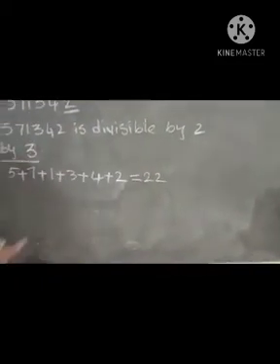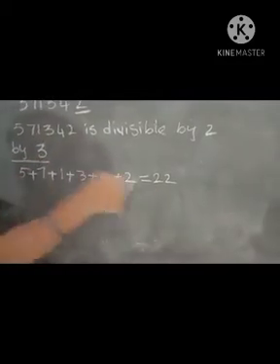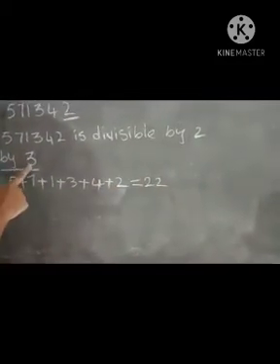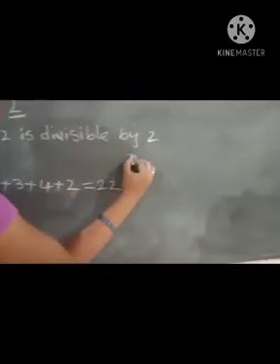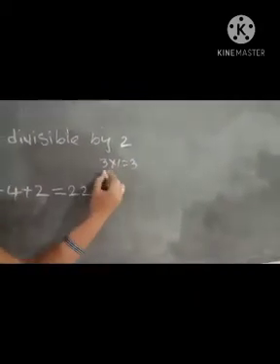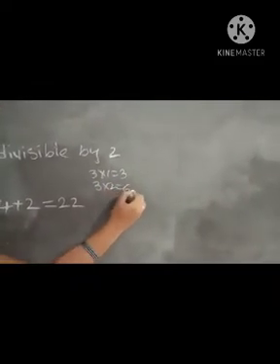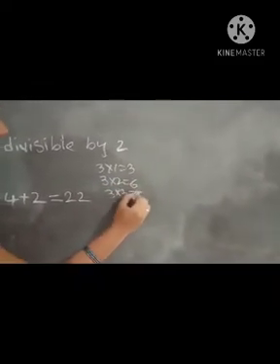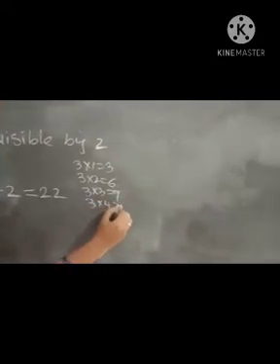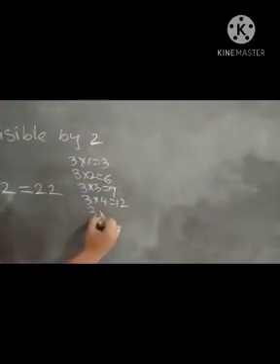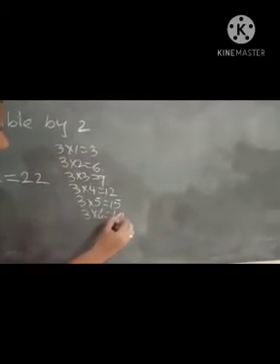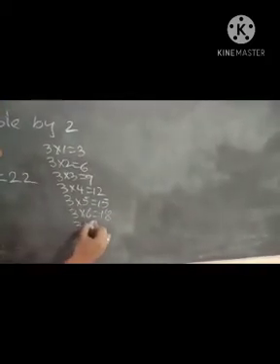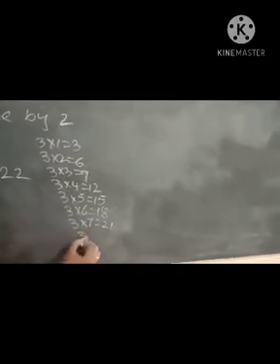22. Is 22 there in the 3 table or not? Once check. 3 ones are 3. 3 twos are 6. 3 threes are 9. 3 fours are 12. 3 fives are 15. 3 sixes are 18. 3 sevens are 21. 3 eights are 24.